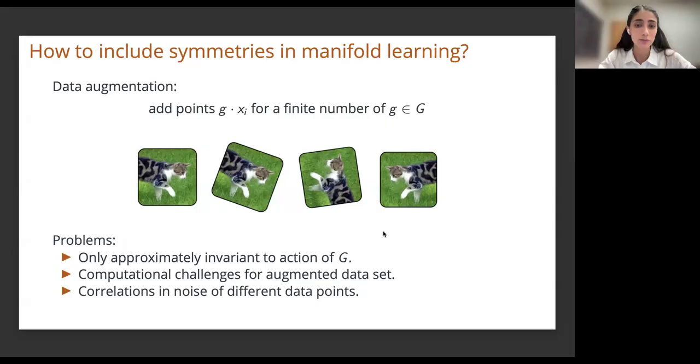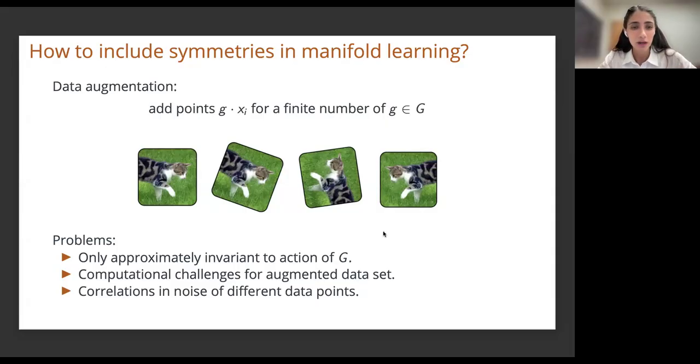But this has several problems because if we do this, we're really just getting things that are approximately invariant to the action of G, because we can only add a finite number of data points. And this creates computational challenges because now we are augmenting our data set by a factor of k. So that's more data that we have to deal with.